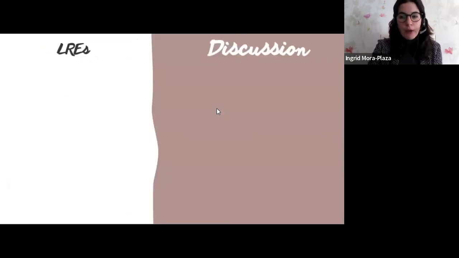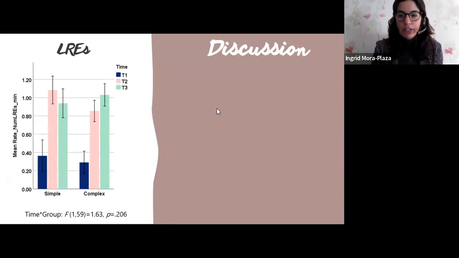Concerning the number of pronunciation-based LREs, both experimental groups produce many more pronunciation-based LREs at time 2 after receiving pronunciation instruction through tasks, many more than at time 1, as you can see.